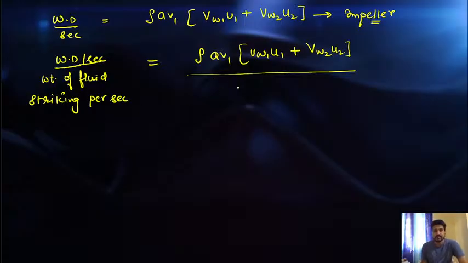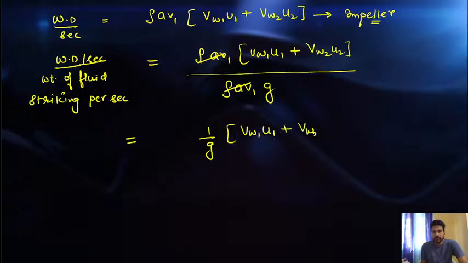Weight of the fluid means m dot into g. So m dot is equal to rho AV1 into g. Is it clear to you guys? So rho AV1 gets cancelled out, and this quantity is 1 upon g into VW1 U1 plus VW2 U2.